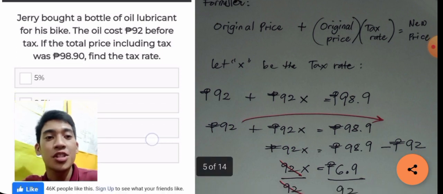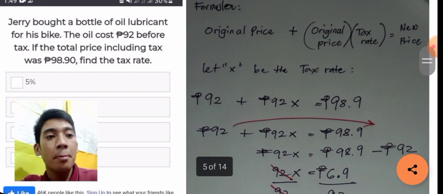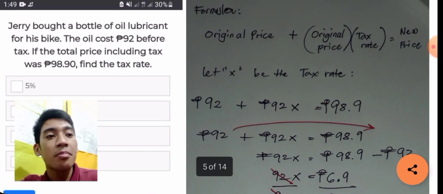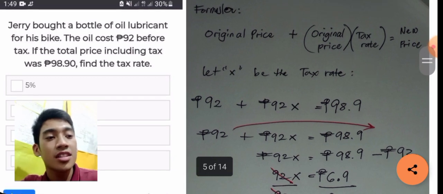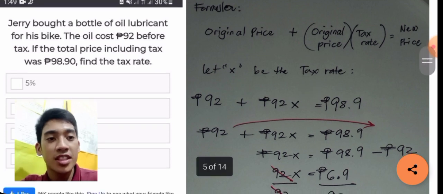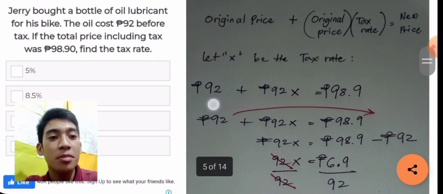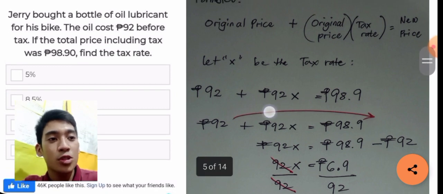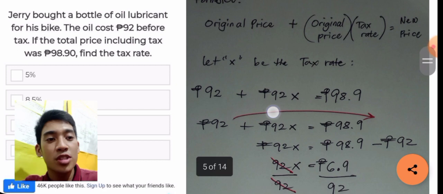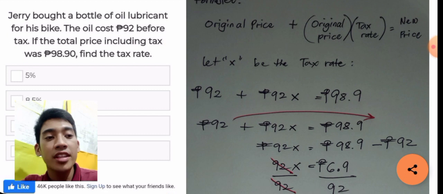The percentage formula will be original price plus the quantity of original price and tax rate equals the new price. Let x be the tax rate because we do not know what it is. We will find that, then substitute the values. Our original price is 92 pesos, and the original price 92 pesos times the tax rate, 92x, equals the new price, which is 98.9 pesos.